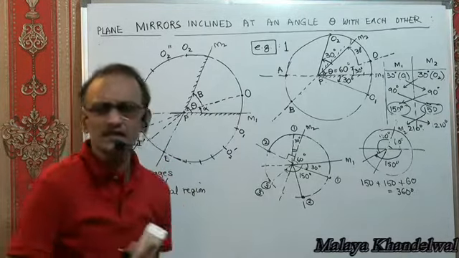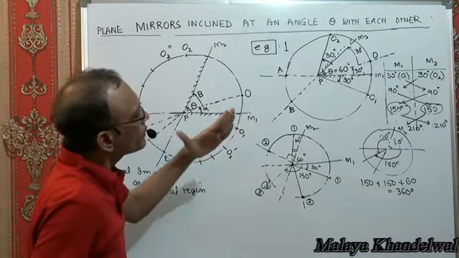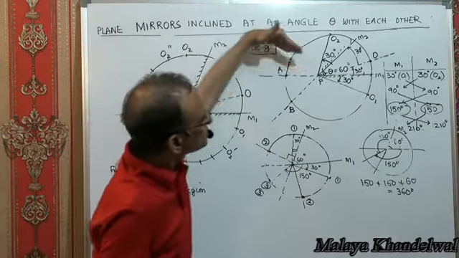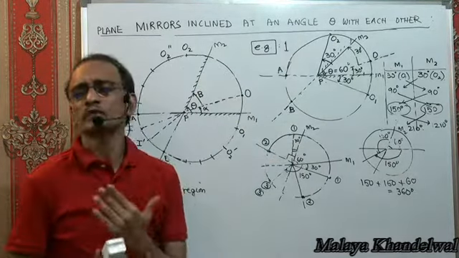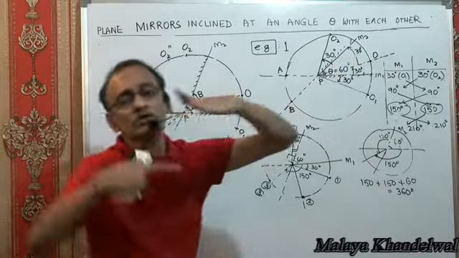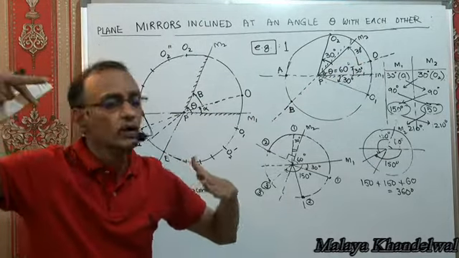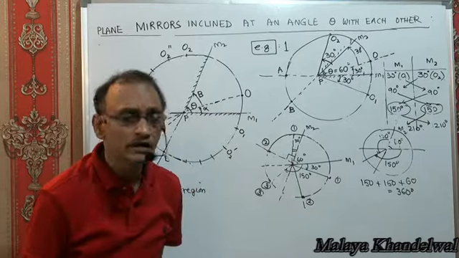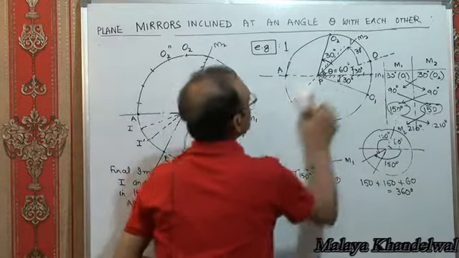Let me take another case. So these were two mirrors, M1 and M2, and there was an object O that was symmetrically placed between these two, and that's how we computed the number of images. Let me look at a situation like this.